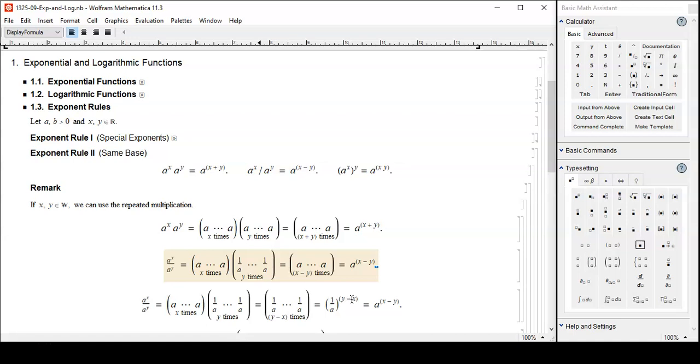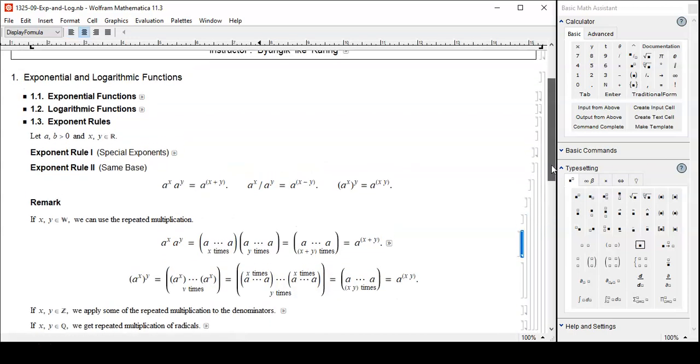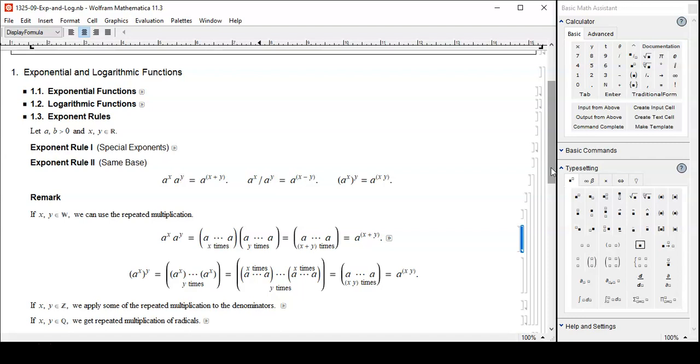So y minus x power, but then again, that's x minus y power with negative sign, because we are flipping over, taking the reciprocal. A bit harder to understand, but eventually we are reversing this operation. Division is the inverse of multiplication, and subtraction is the inverse of addition.